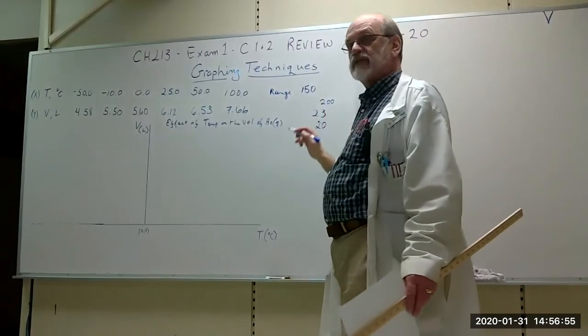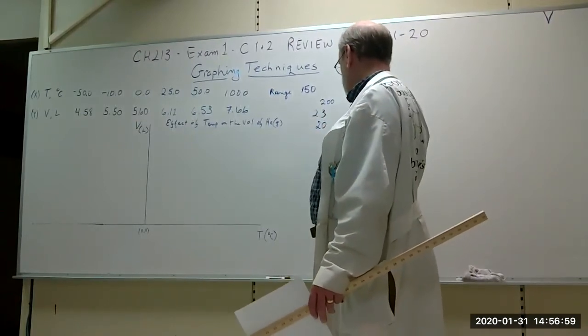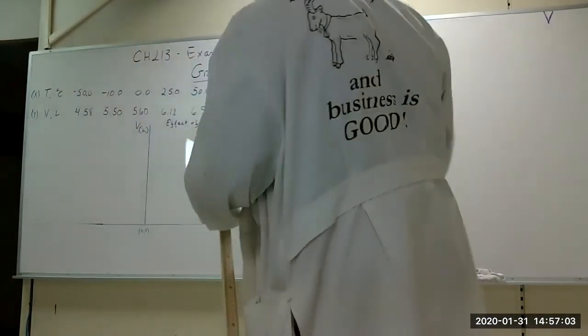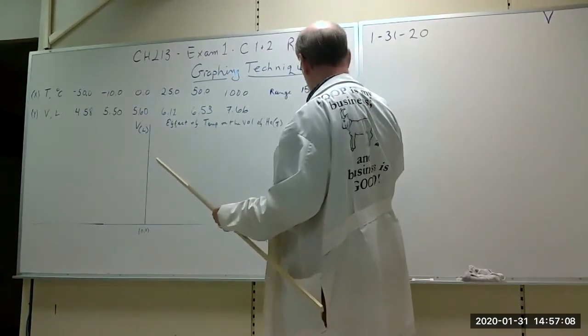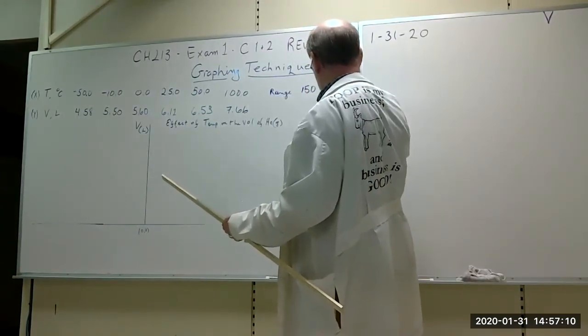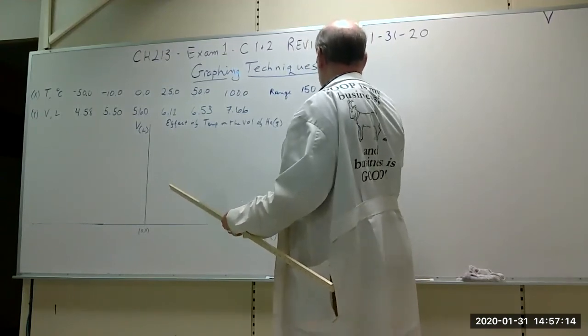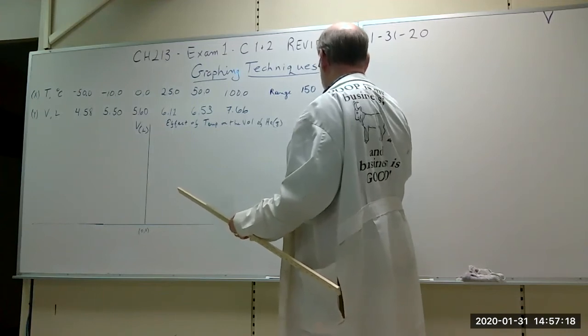Then we would need 10 squares, right? Is that right? We use 20 of them. No, excuse me, 20 squares with 10 each.